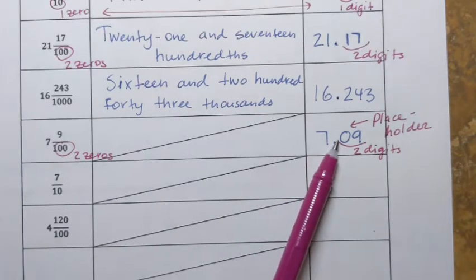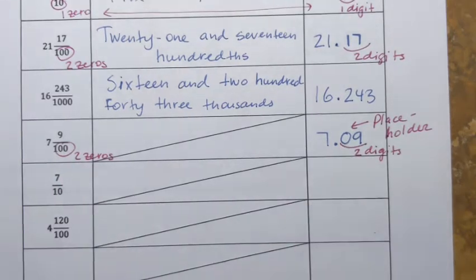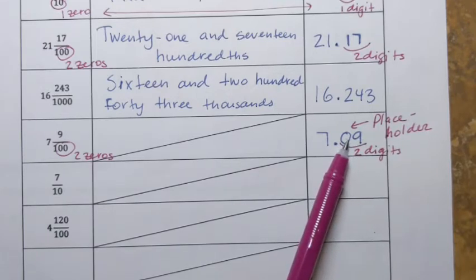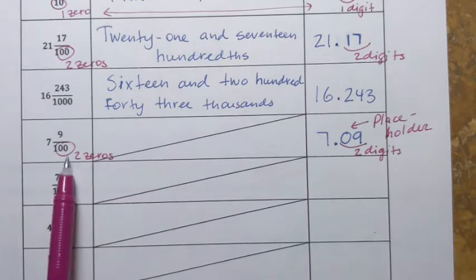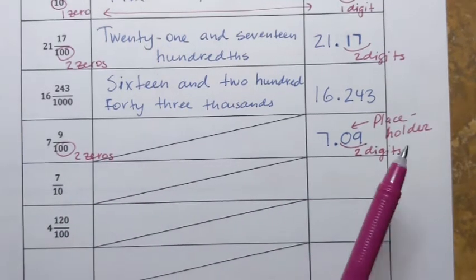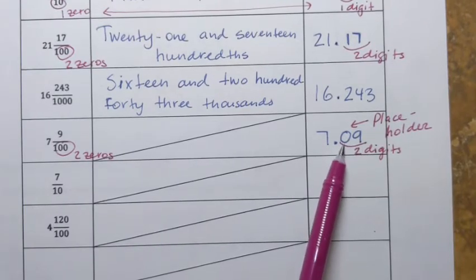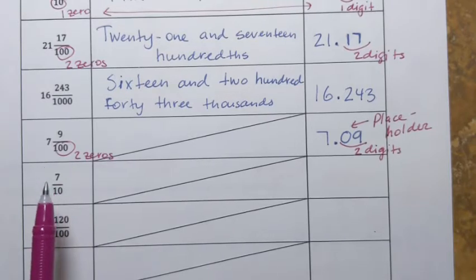I had to use a placeholder because, again, I needed 2 digits after the decimal point because I had 2 zeros. Then why didn't I write 9 and then 0? Well, if I put 9 and then 0, it would be 90. I would read it as 90 100ths, but I don't have 90, I have 9 100ths. So that's why I had to put 9 at the end, so I can read it as 9 hundredths. So this is how conversion happens in this case.